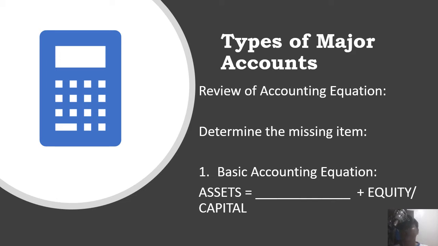So all you have to do is we have to determine the missing item. Number 1. In basic accounting equation, asset is equals to blank plus capital. So what is the missing item?